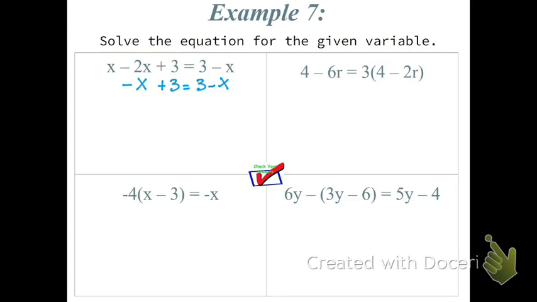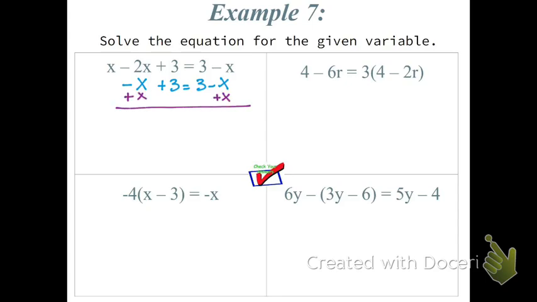That reasoning would just be combining like terms. For your next step, we would try to get all of the x's on one side of the equation by adding x to both sides.